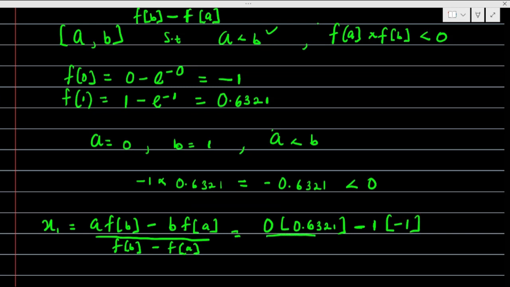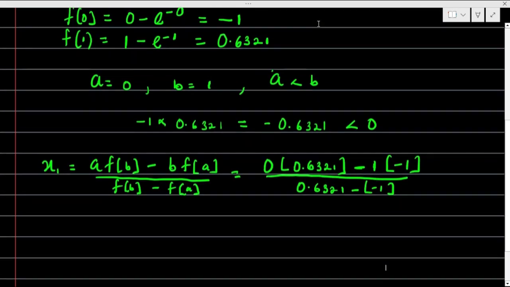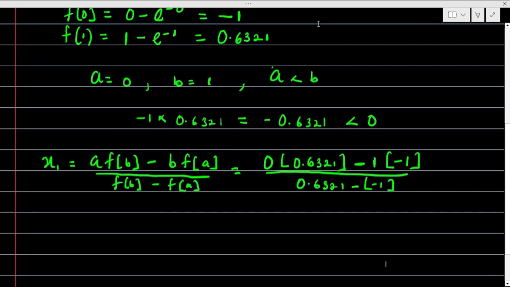Then we have it all over f of B, which is 0.6321, minus into brackets minus 1. When we punch this on our calculator, it is going to give us our value of x1. So our value of x1 will be 0.6127. Very good.